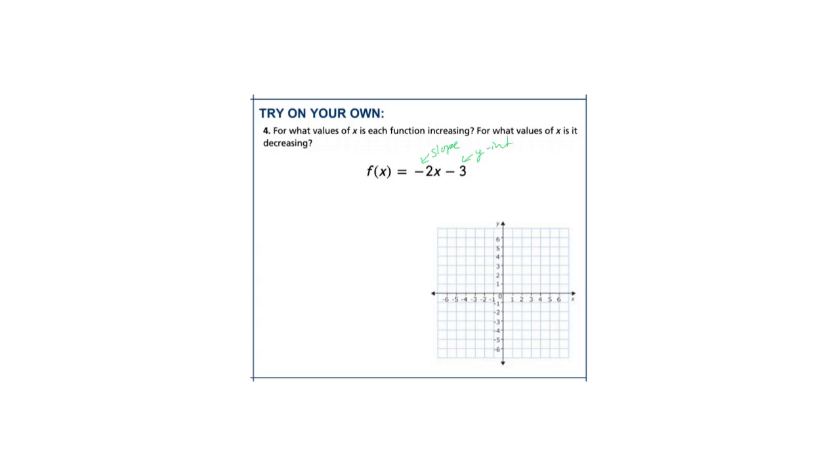If you have trouble graphing linears, hopefully not, but if you do, you can use Desmos or something like that to help you graph this. Then I want you to find where it is increasing and where it is decreasing. It doesn't ask for max or min. So please pause this as you try this on your own, and then I'll give you the solution.